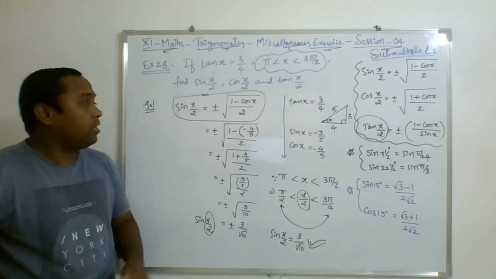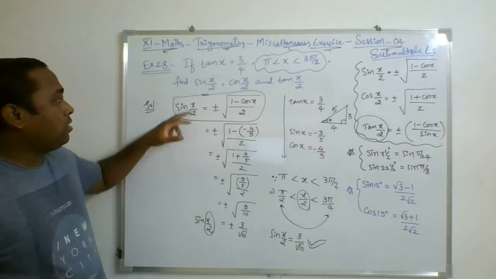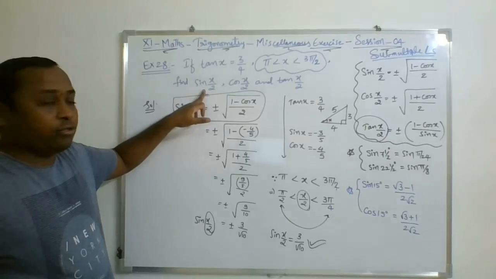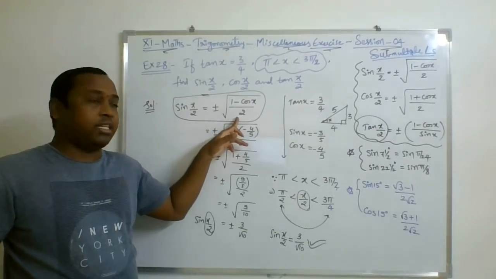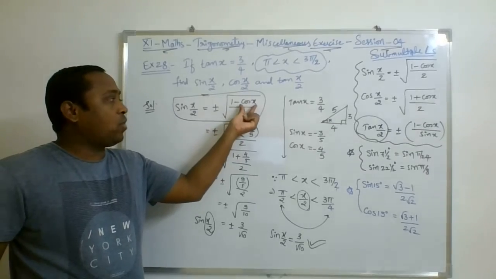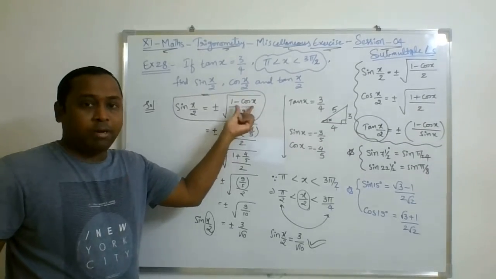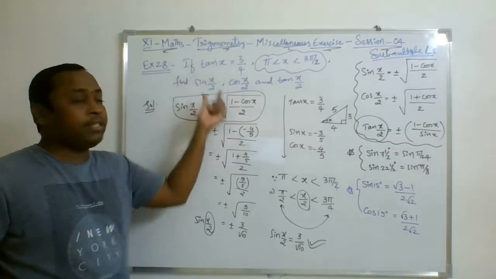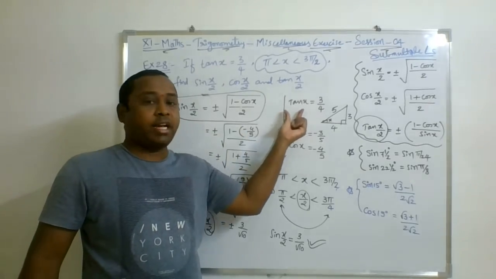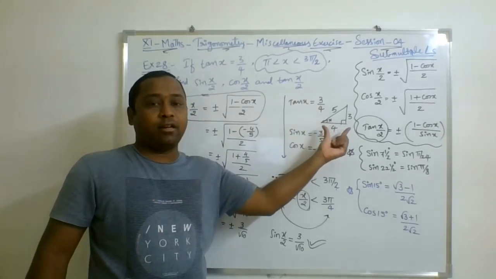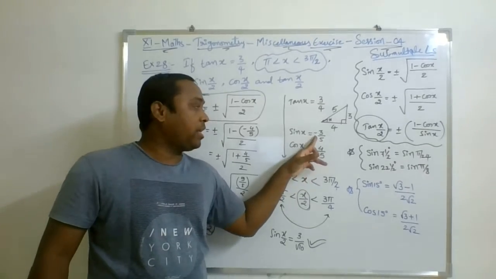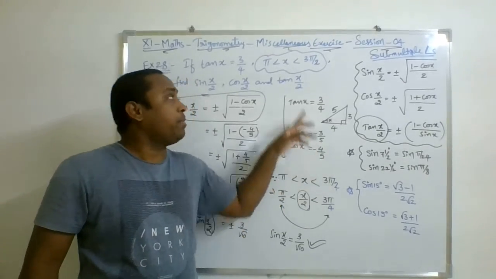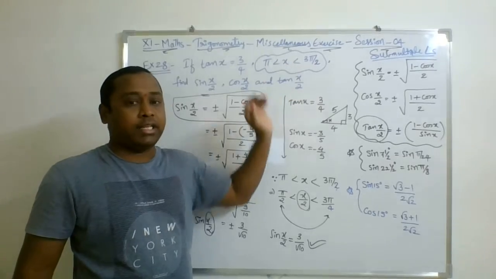Have you understood what I have done here? To find sine x by 2 value, I have used the ready-made formula which we have derived, where I required only cos x value, but I was adding tan x. With the help of tan x first, with the help of right angle triangle, sin x and cos x I have derived along with their proper sign based on the angle where it lies.